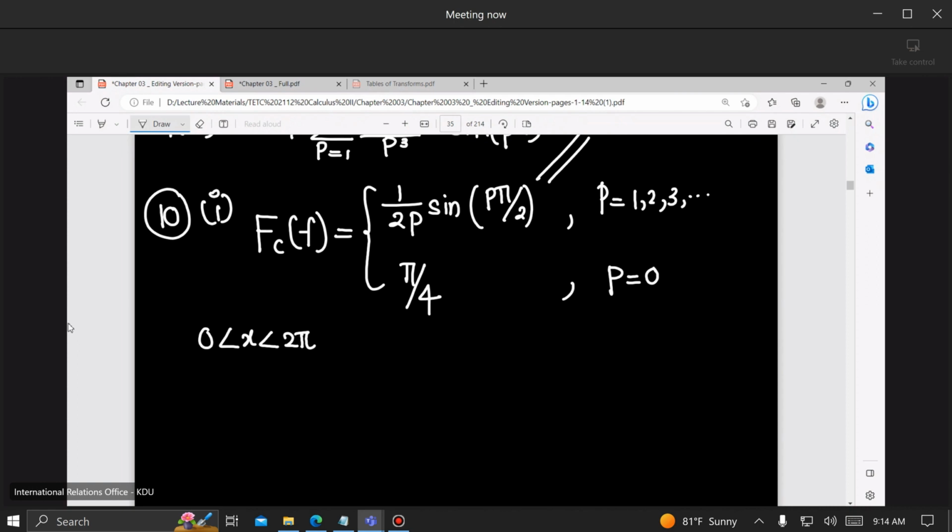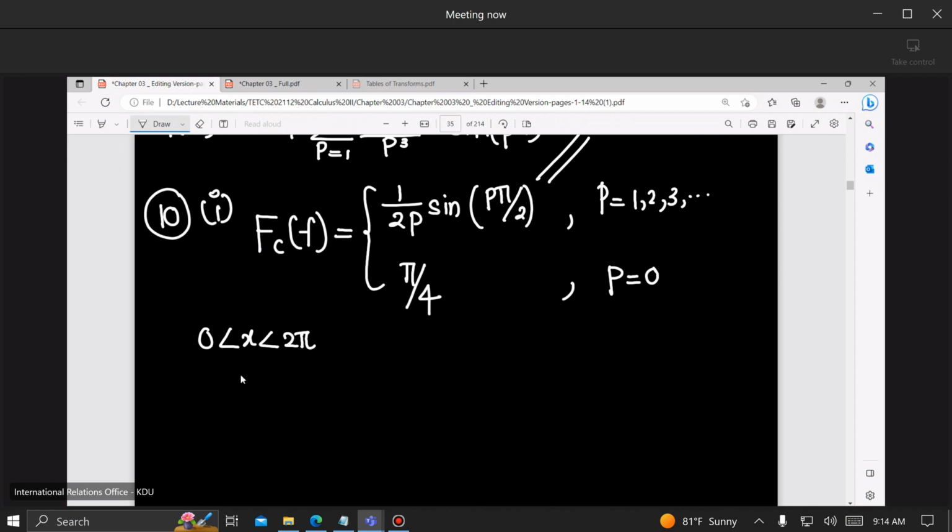So let's recall the formula. Here the finite Fourier cosine transform is provided, and we are asked to find the respective function f of x. So we need to use formula number 2.